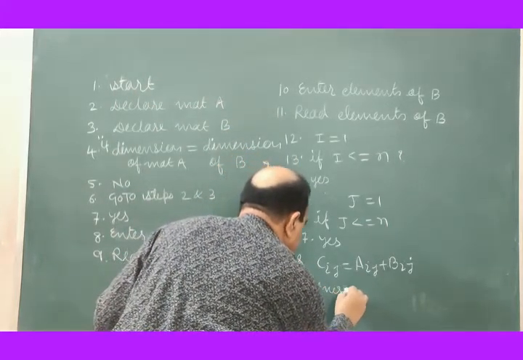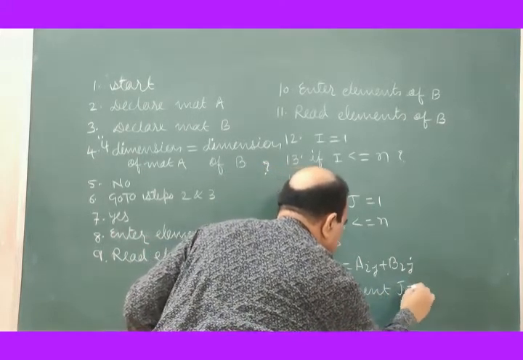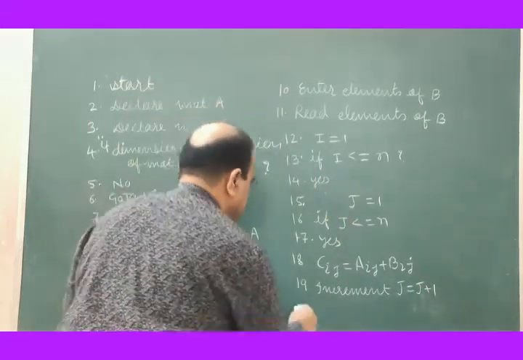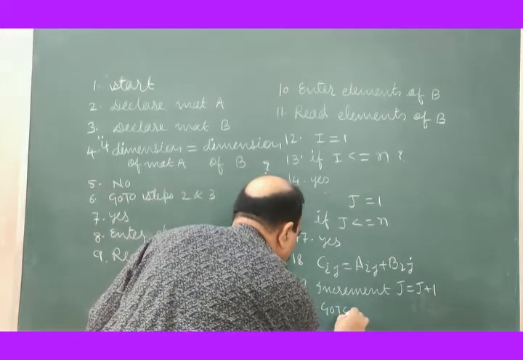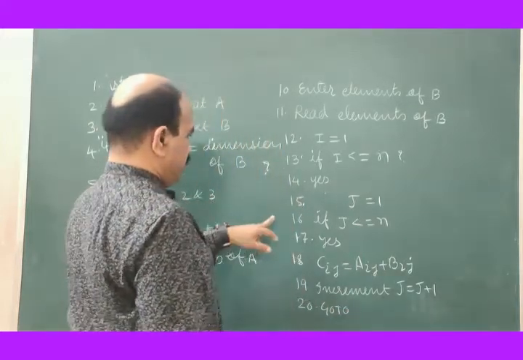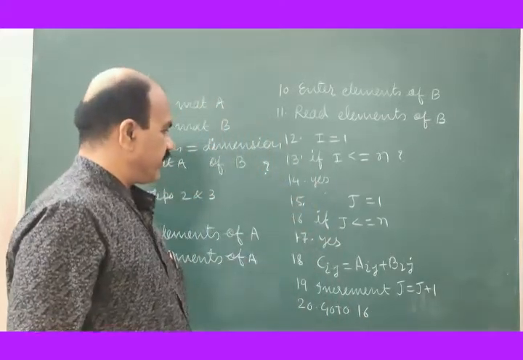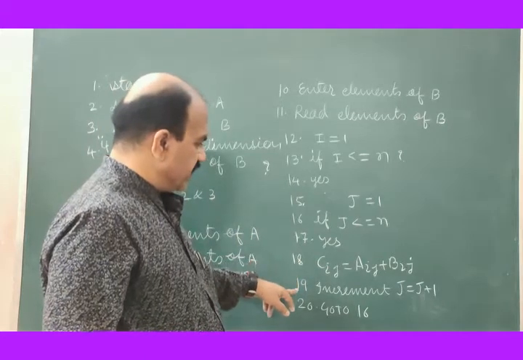Increment j, that is, j is equal to j plus 1. Go back to the j check. If this is true, continue this way.